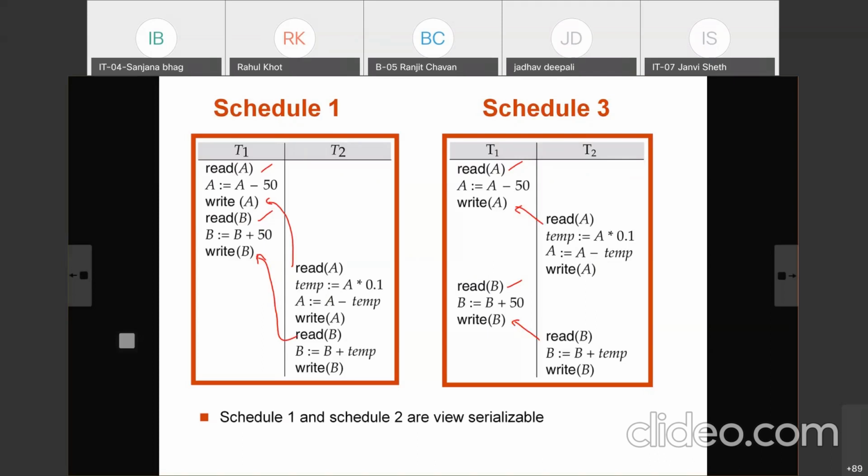So here T2 reads the values which are written by T1, and that's why the second condition is satisfied. What about the third condition?